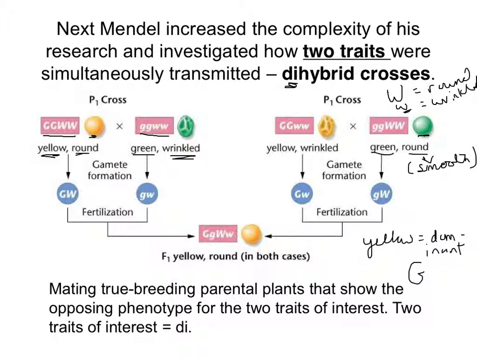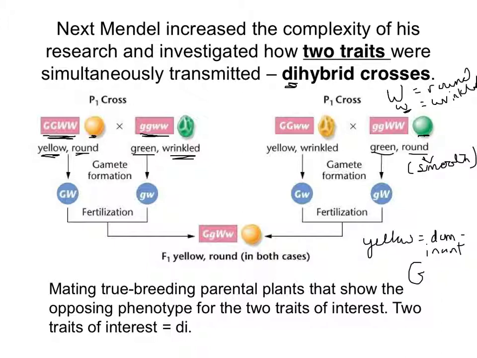So over here, he just happened to have an organism. I mean, it wasn't really accidental, he bred them this way, but he happened to have an organism that was parental, that was homozygous dominant for both genes of interest and both traits of interest, and he mated it against something that was homozygous recessive.